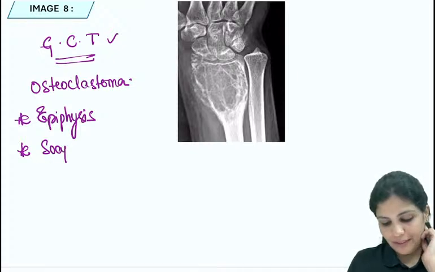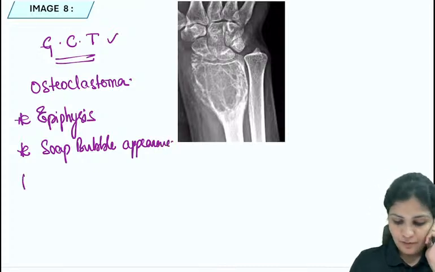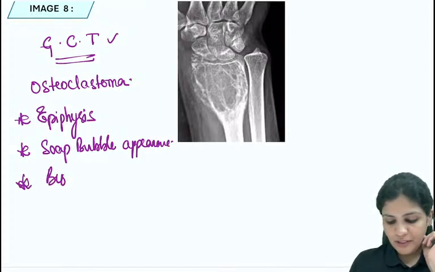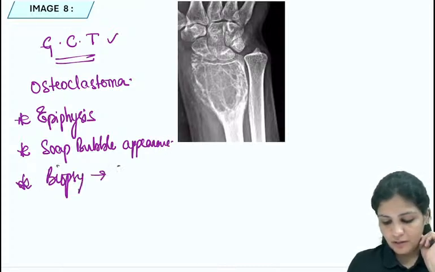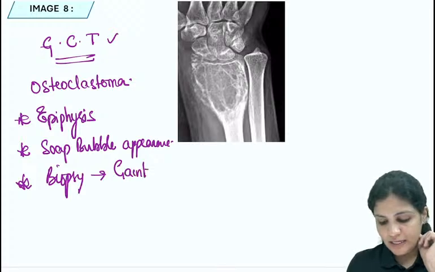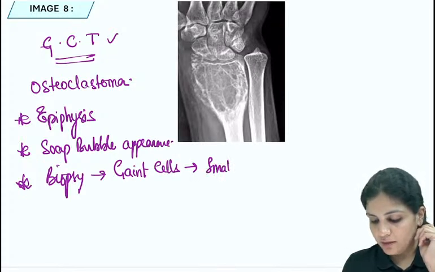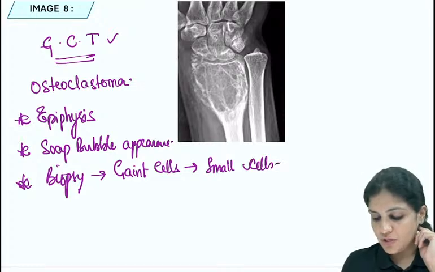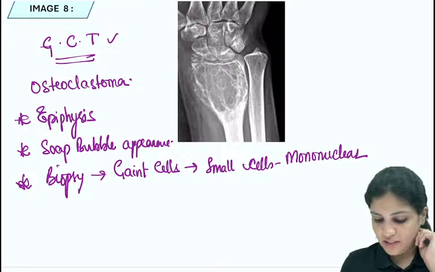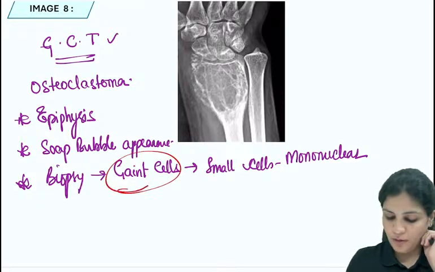Yes, soap bubble appearance on the X-ray. On biopsy, what you see? You see the giant cells among the small cells which are mononuclear, which is very, very important, right? You see the giant cells here on biopsy.